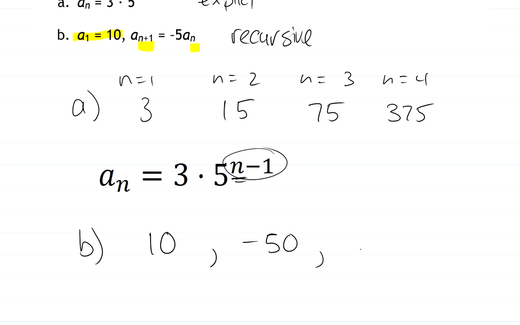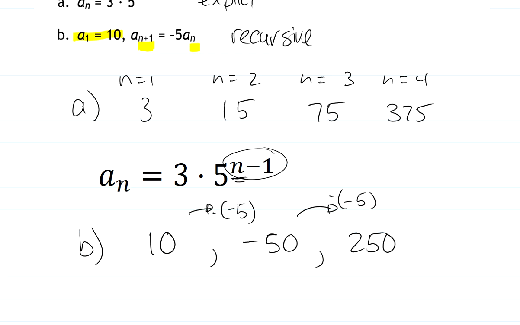And if I'm at -50 and I'm going to multiply by -5, I believe that's positive 250. So you can see what I did there is each time as I jump forward, I'm multiplying by -5. And when I do that, I got positive 250.